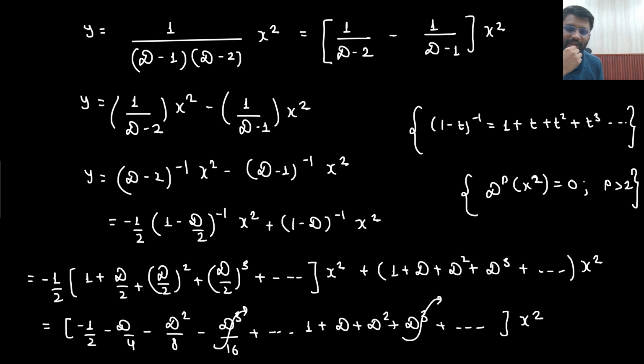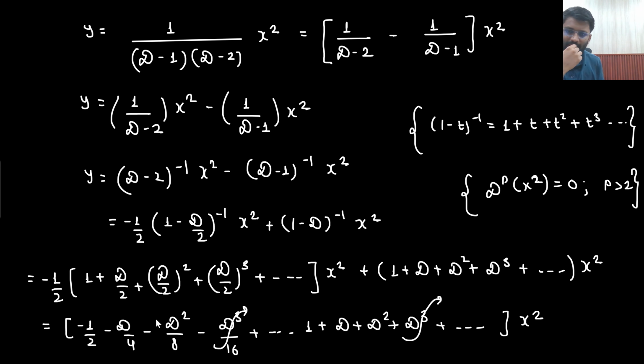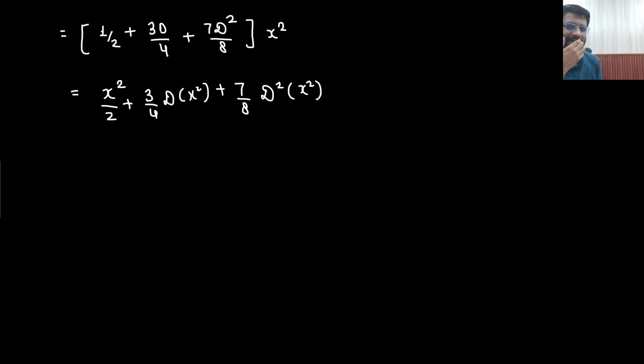D square minus d square by 8 will give you 7d square by 8, times x square. Okay, so what answer will you be getting? X square being multiplied with 1 by 2: x square by 2 plus 3 by 4 d x square plus 7 by 8 d square x square.